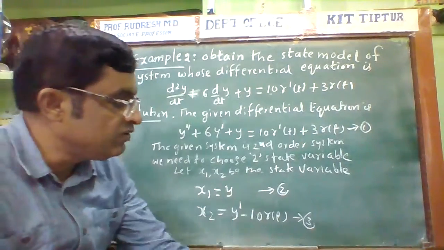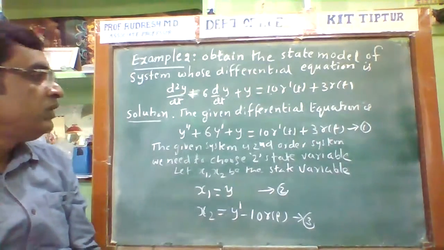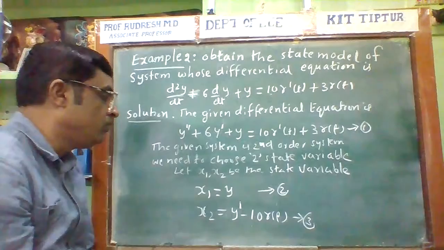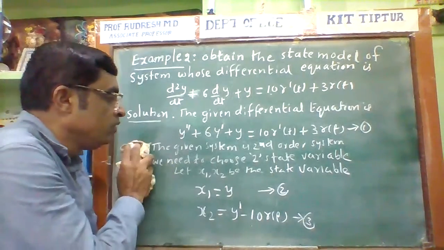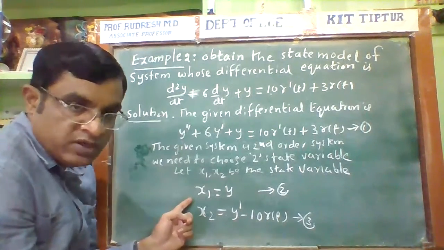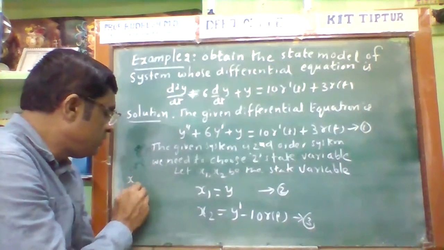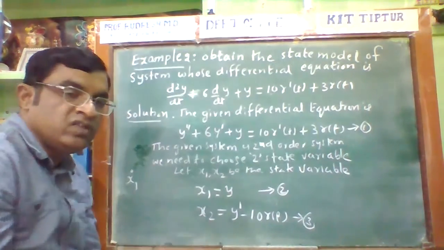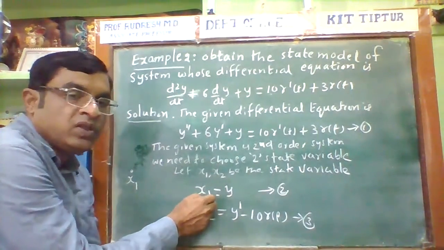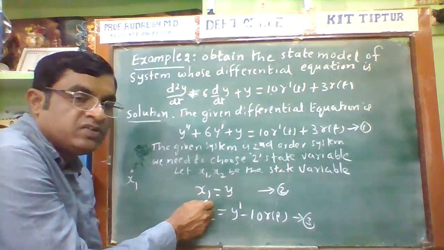Now differentiate equation 2 with respect to t. In order to get the state equation, the state equation is nothing but the first derivative of the state variable.